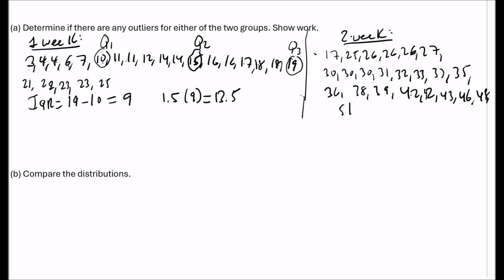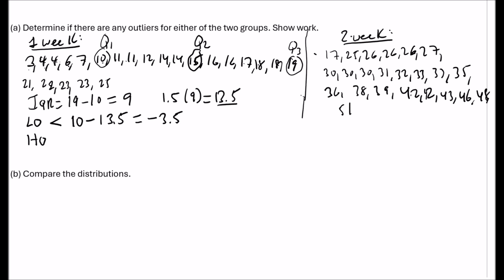Okay, and then we got to calculate our boundaries. So our low outlier is less than. So the rule for this is it's going to be less than the first quartile, which is 10, minus the 1.5 IQR, which we just calculated. Okay, so minus that, which is negative 3.5.